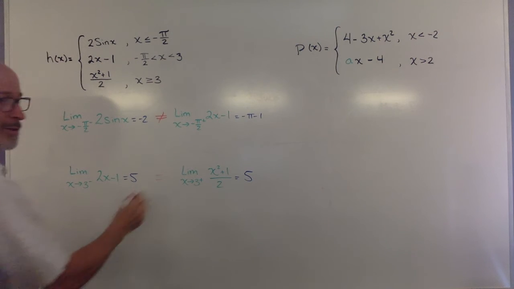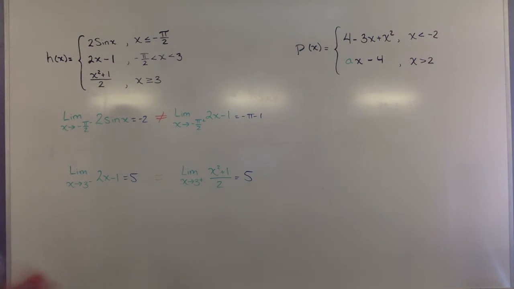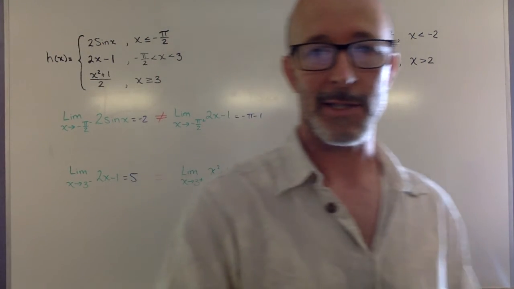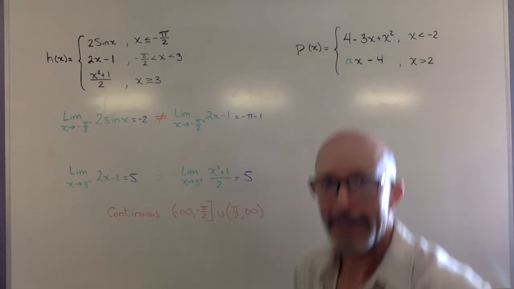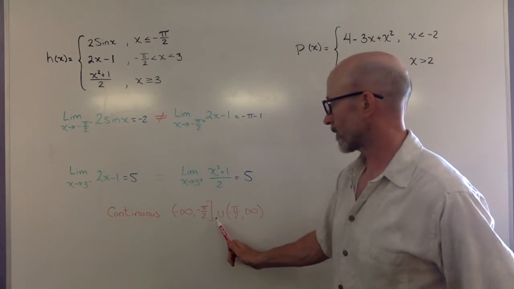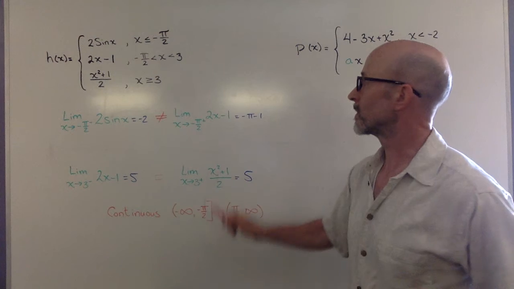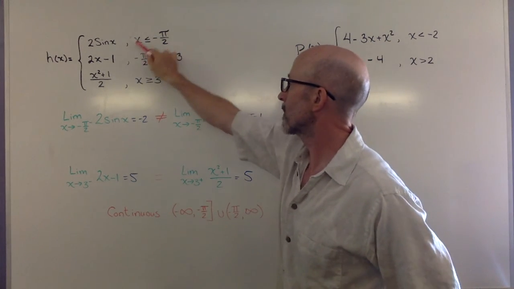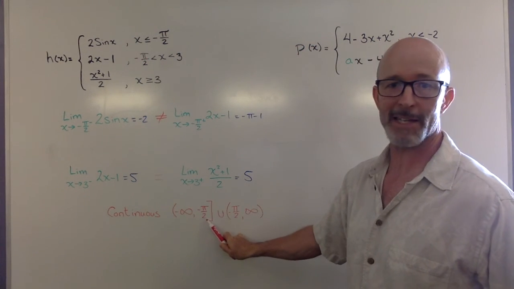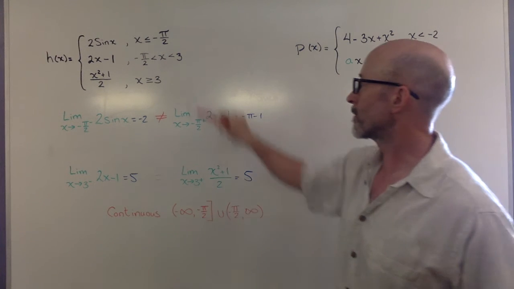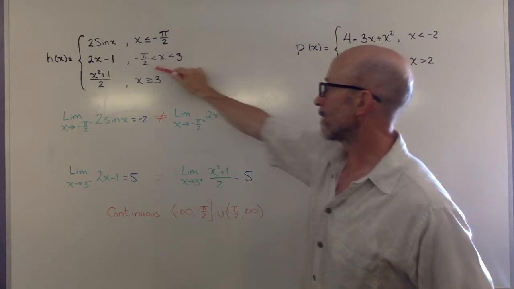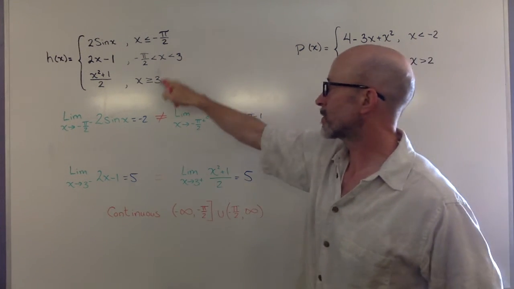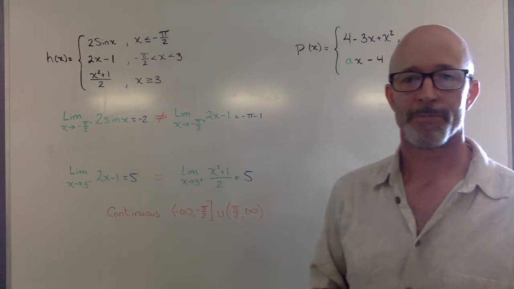Wow, that means these two functions really are equal, and now we know where this function is continuous. It turns out that with only one discontinuity, there's only one place where it isn't continuous. This whole function up here, sine, is continuous all the way up to the end of its boundary, but then there's a break. And then from -π/2, these two do match up, so they're nice and even.